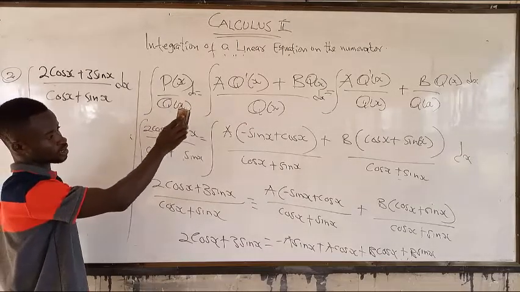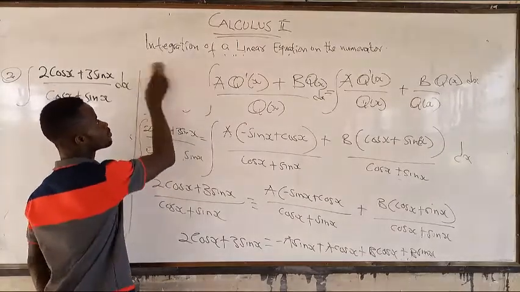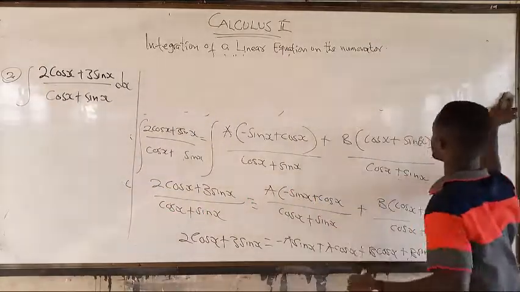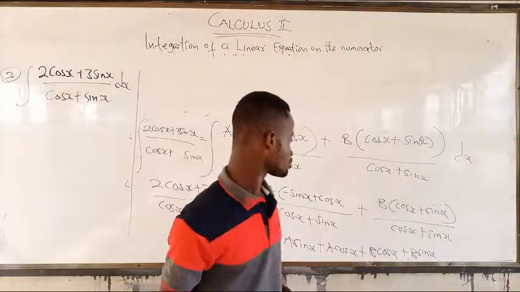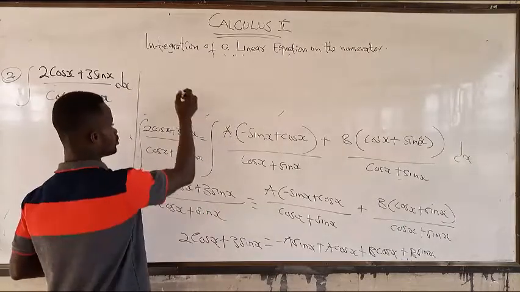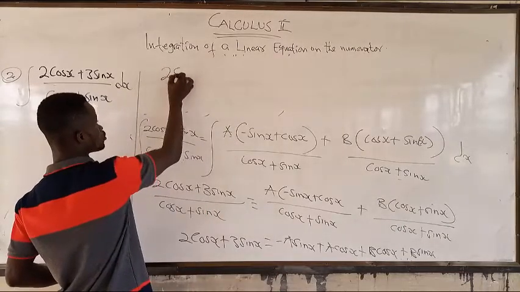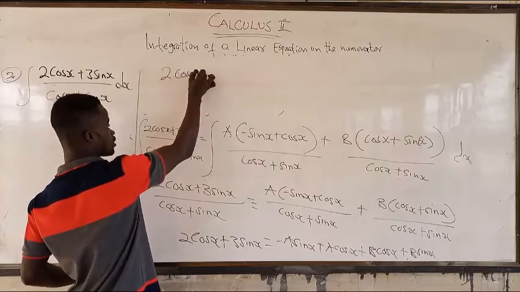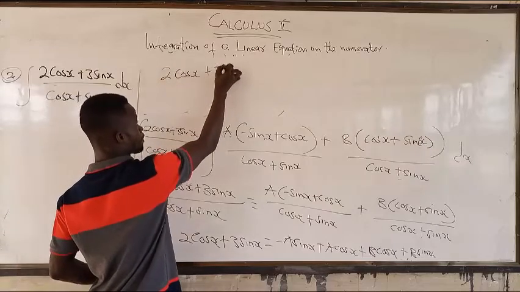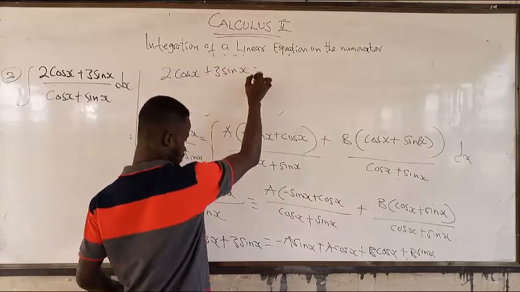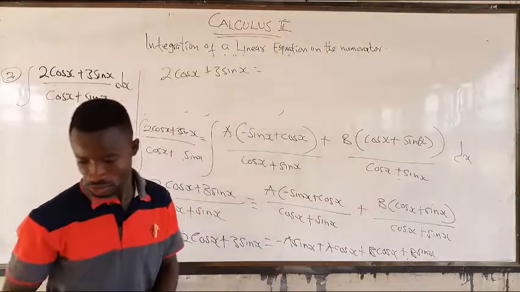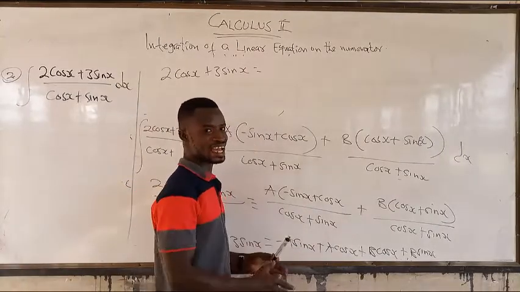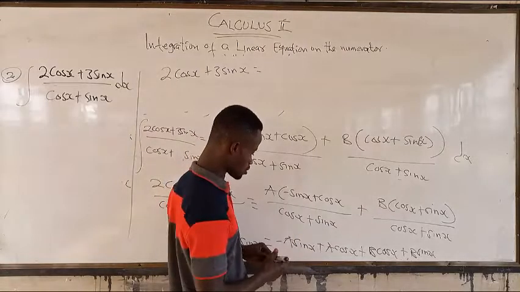Please, I would like to clean this part. So, 2 sine, 2 cos x, this is going to be equal to, so group the sine and the sine, the cos and the cos.